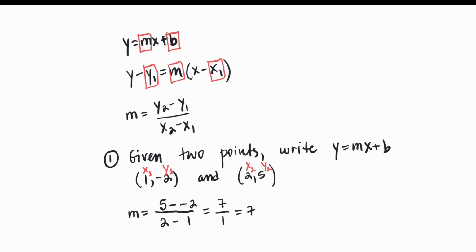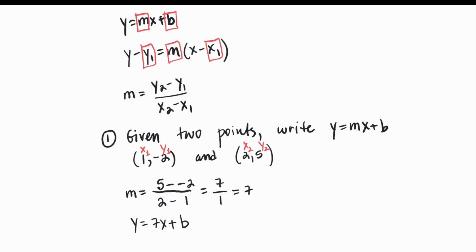So now that we have our slope m, which is equal to 7, the equation, this form here, can turn into y equals 7x plus b. But we still have to find b in order to satisfy the requirements, because b and m both need to become numbers. To find b, there are a couple of options. One would be to use this formula here, y minus y1 equals m, parentheses x minus x1.